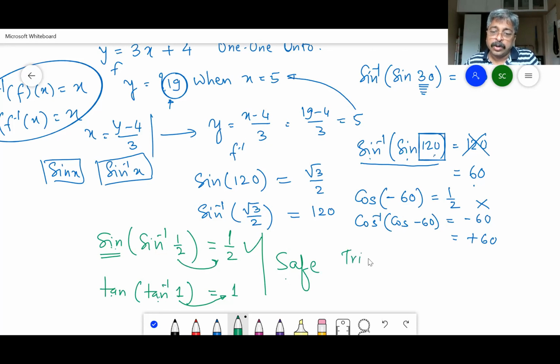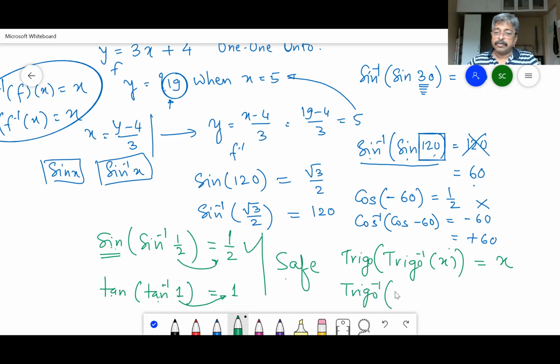Trigo followed by trigo inverse of x is equal to x. But trigo inverse followed by trigo of x is not necessarily equal to x.